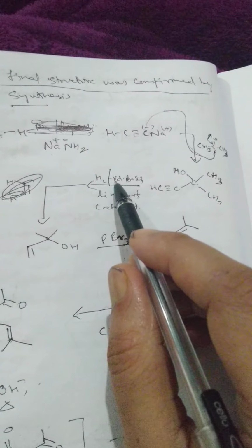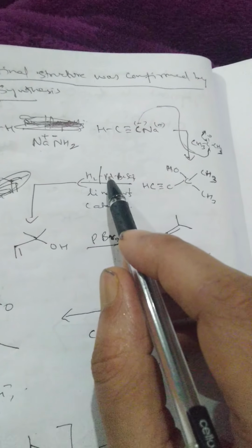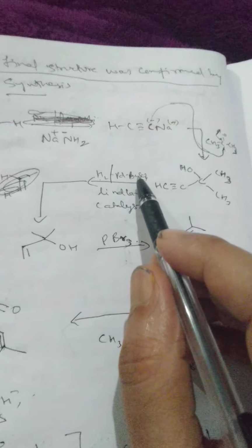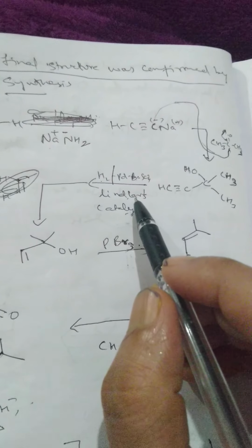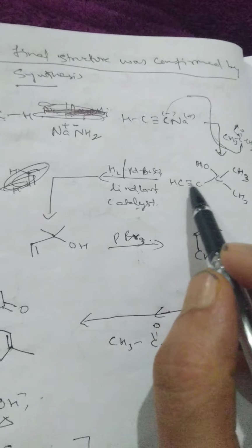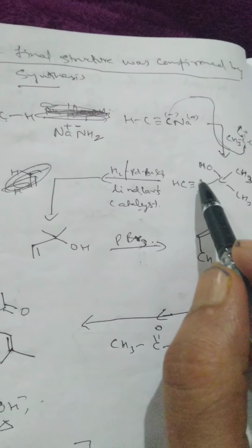And they used H2, Pd BaSO4. So not just putting H2 Pd/C. If you are using BaSO4, it is a poisoning reagent. So if you use BaSO4 or quinoline, either of them, it is called Lindlar's catalyst. Lindlar's catalyst is called a poisoning reagent, and it reduces the alkyne to alkene, and the addition of hydrogen is always cis addition.